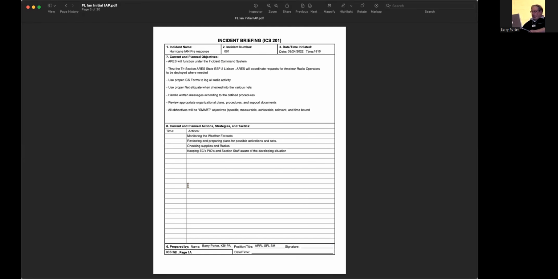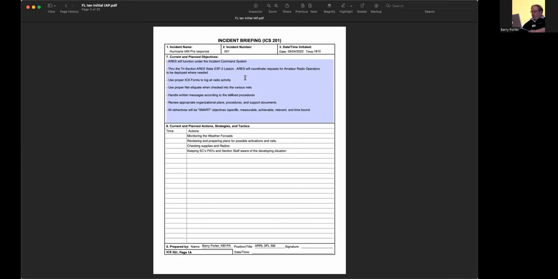The incident briefing ICS 201, this is page 1A because there's more than one part of this. Basically, it gives the objectives and will function under the incident command system. In the tri-section, the ARIES ESF2 liaison will coordinate with the state and determine where requests for deployed amateur radio operators will be needed.